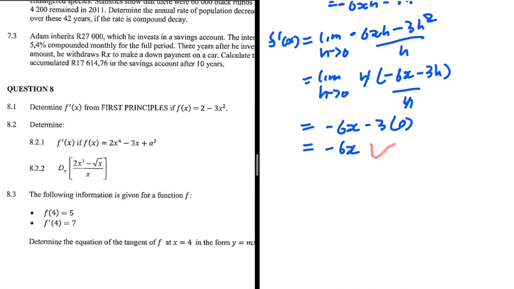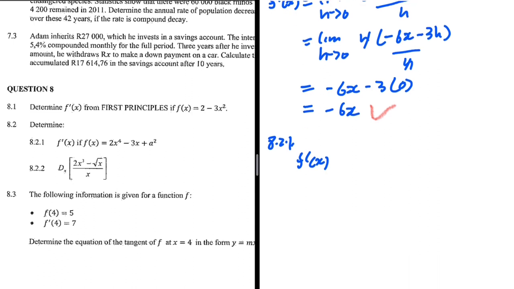And then 8.2.1, we're looking for f prime of x when f of x is equal to 2x to the power 4 minus 3x plus a squared.